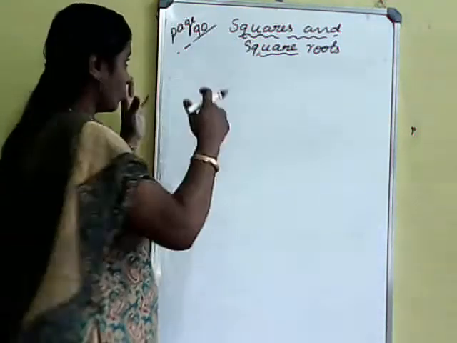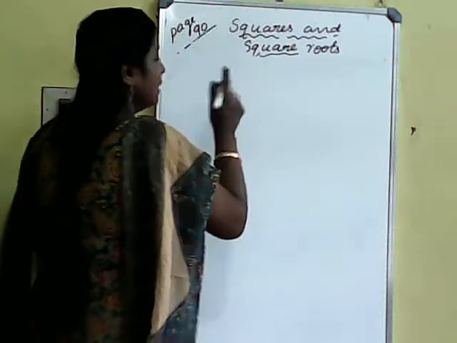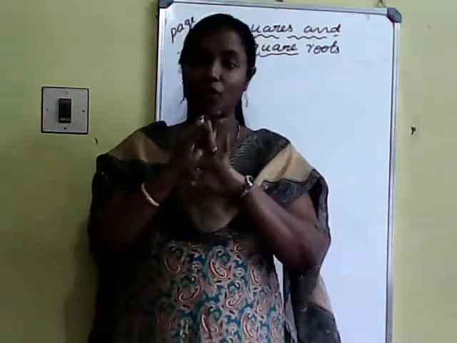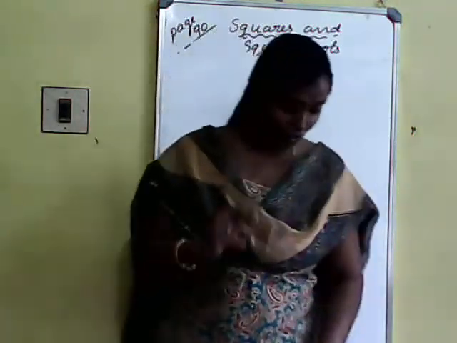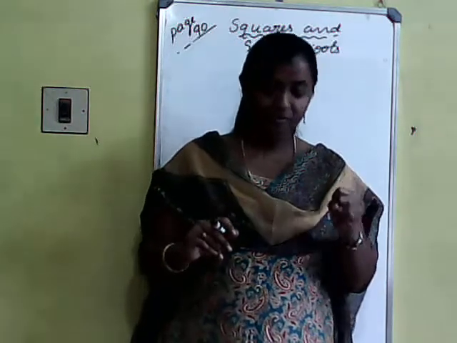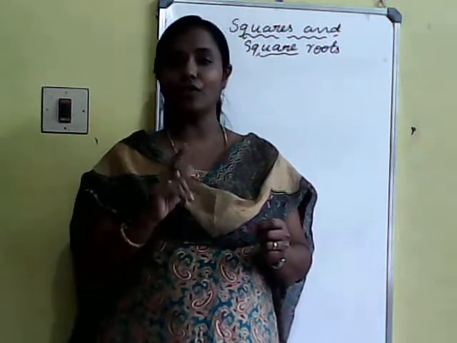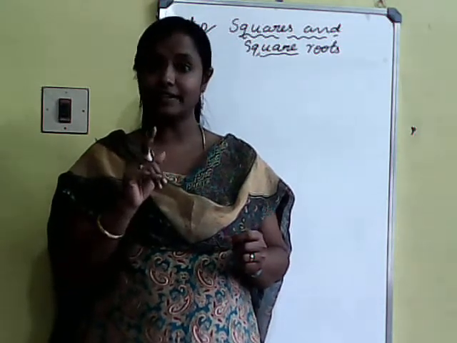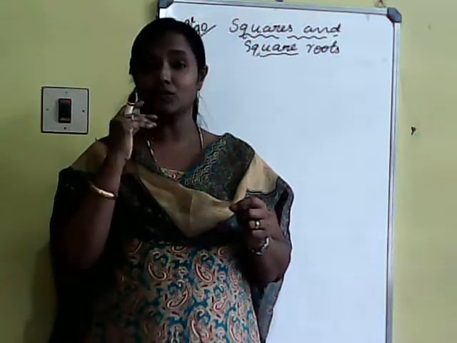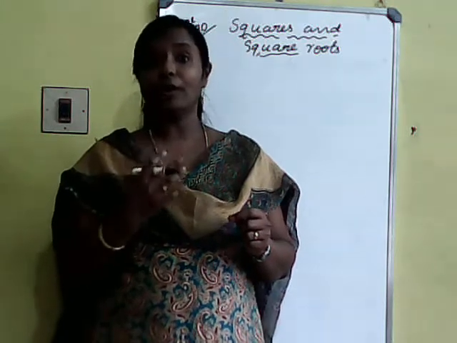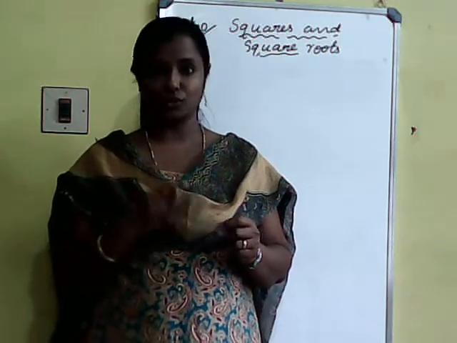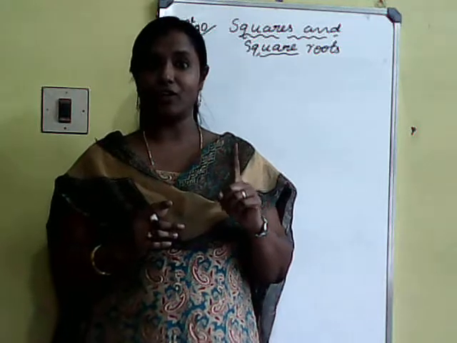So before entering solving these problems, we want to know two properties we have already discussed in previous modules. First one, if a number ends with 0, 1, 4, 5, 6 or 9 at its units place, it may or may not be a perfect square. Okay, that is the property of a square number.